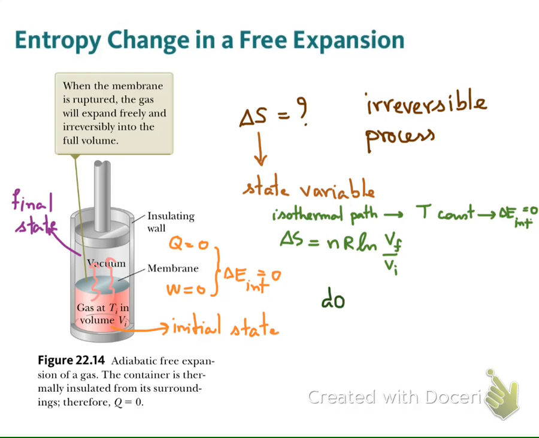We know that dq over T is equal to dS, or dS is equal to dq_r over T. And the change of the entropy is equal to the integral from the initial to the final state of dq_r over T. But if we choose the isothermal path to calculate the entropy change, as we have discussed before, because the internal energy is not changed, we can take T out of the integration.